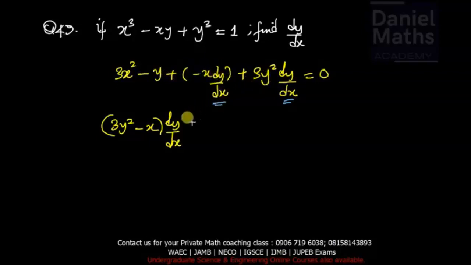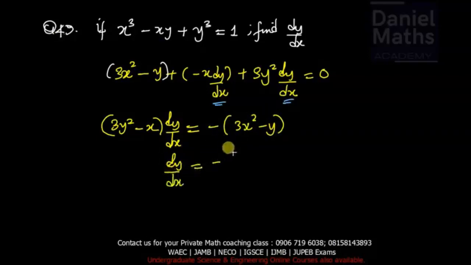These are all a function of dy/dx, and then I'm going to move all of the other terms to the other side. That gives me dy/dx equals minus 3x squared minus y, all divided by 3y squared minus x. So this happens to be the answer to this particular question.